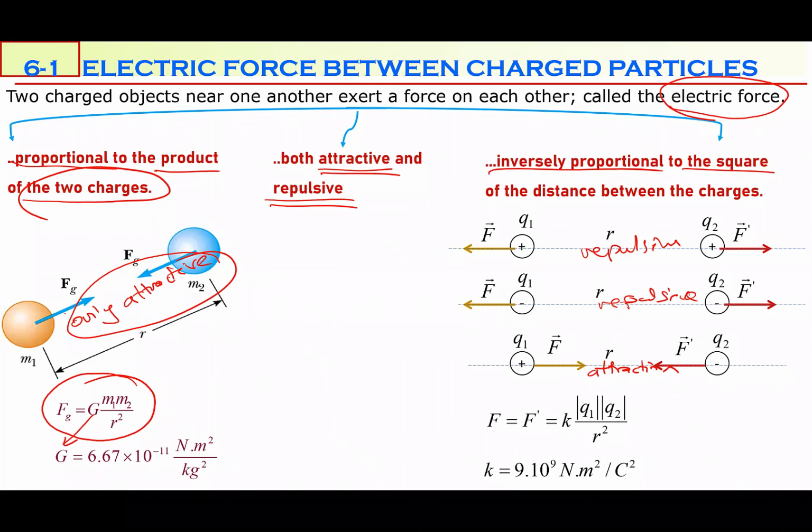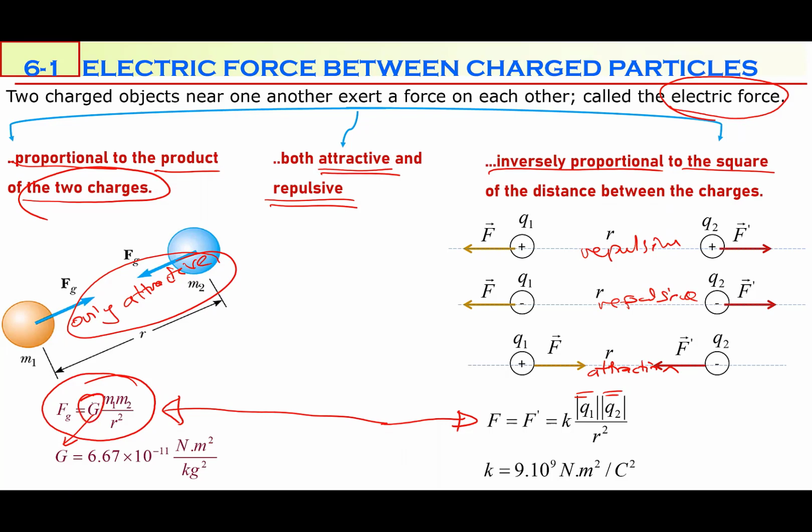Look at the equations. Equations are also similar. This is the equation for gravitational attraction, which is Fg is equal to capital G mass 1 times mass 2 divided by r squared. And the attraction and repulsive force between two charges are also similar to that one. Only difference, instead of mass 1 and mass 2, you write Q1 and Q2, which are the charges of the particles.